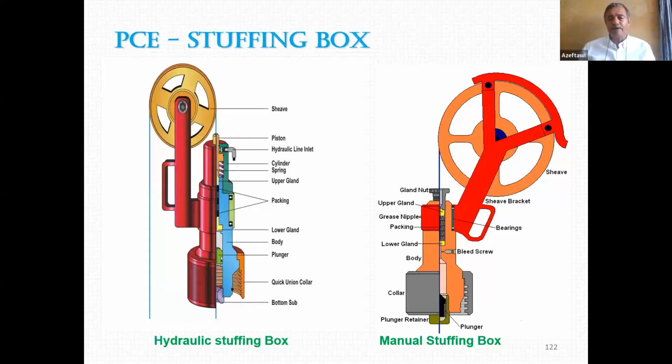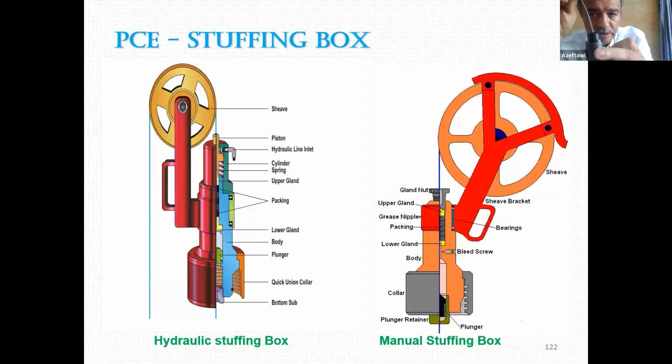To prevent this from happening, we put this black device, which we call plunger. This is the plunger. See this hole in the middle? And this is how it is. Now you are pulling out of the hole.